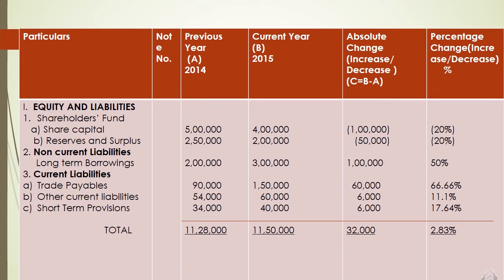It is increased to 11,50,000 in 2015, a change of 32,000. 32,000 divided by 11,28,000 into 100 will give 2.83. So a change of 2.83 percent in total in 2015 compared to 2014.